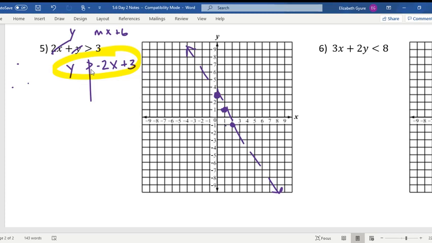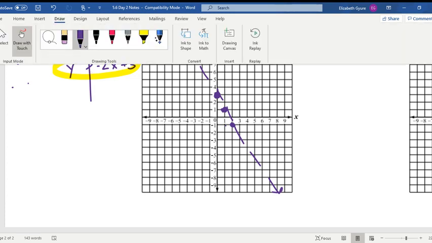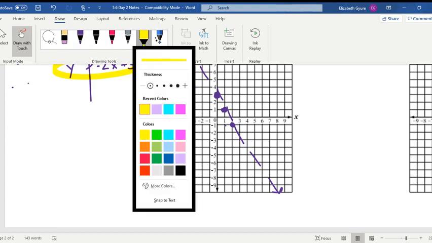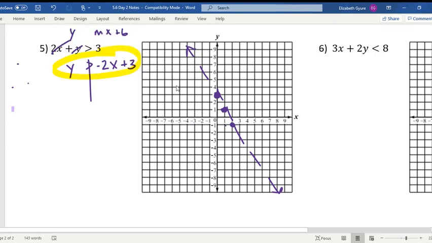We want values that are more. So Bailey, if we want values that are more, do you think we should shade above or below? Above, good. So we want to shade above here. So remember, treat this kind of like a hill. We need to shade on top of the hill since this is above. Good.